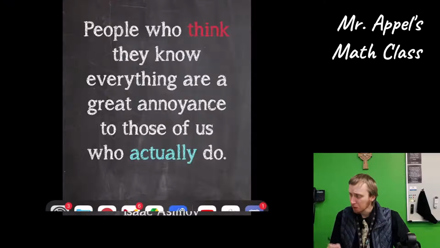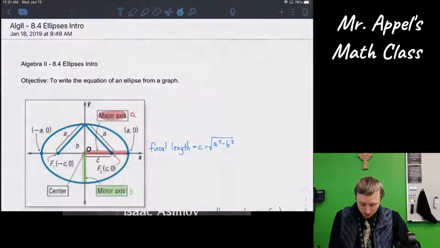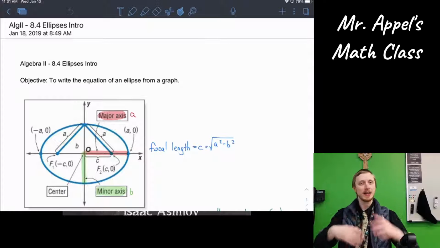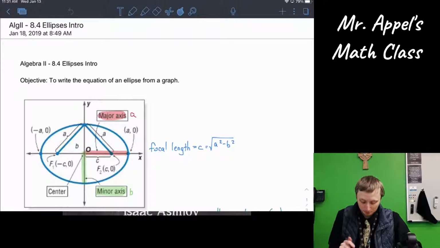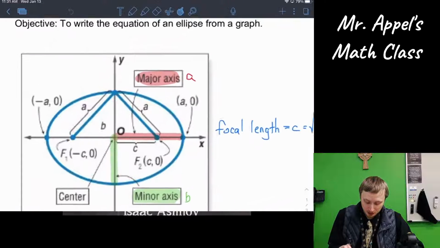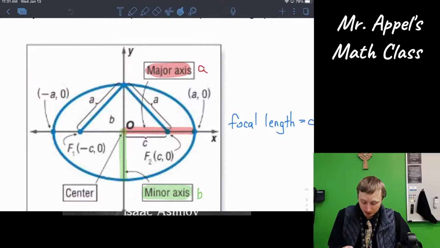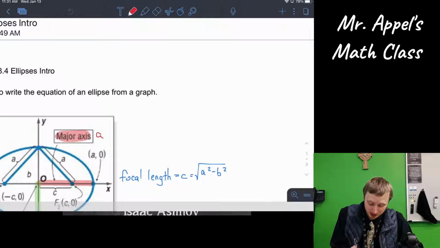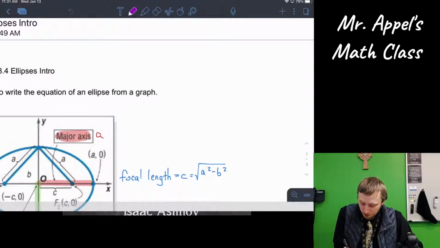So, without further ado, let's take a look at what an ellipse is, what its defining features and traits are, what sets it apart as a conic section. Let me start with where we see ellipses. We see them physically all the time whenever you want to draw a 3D shape, right?